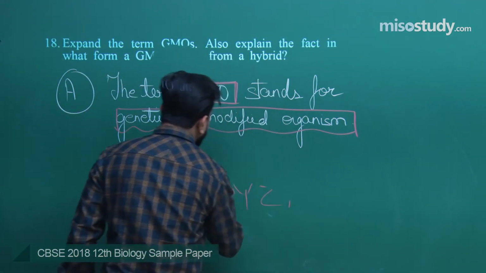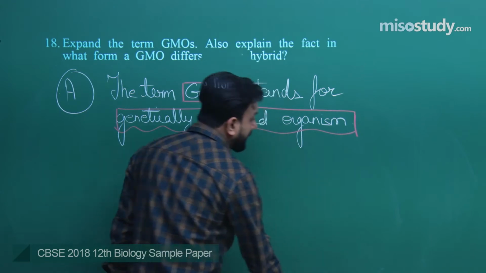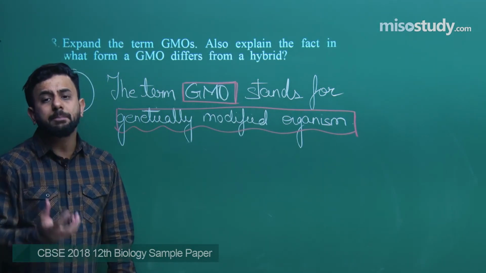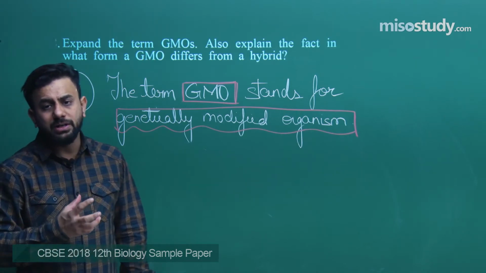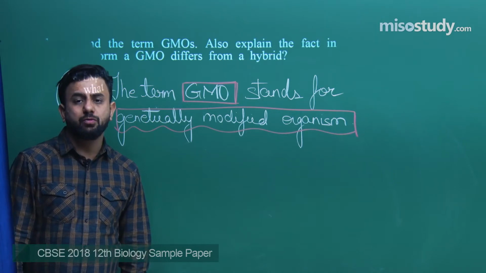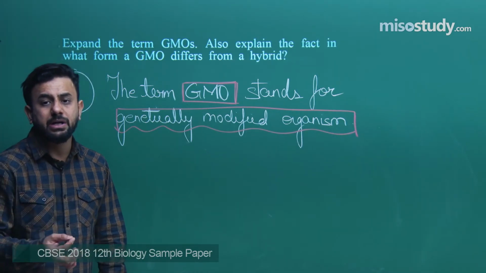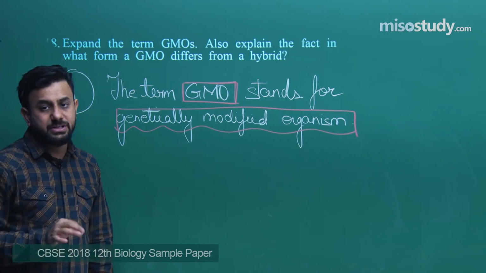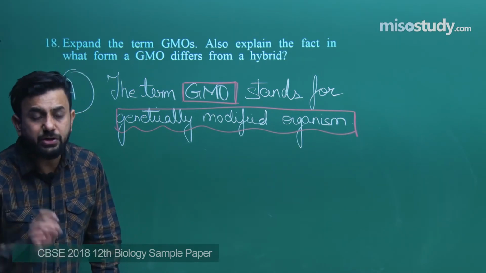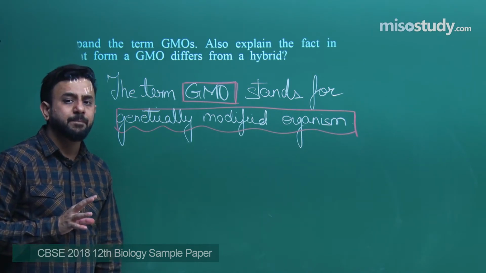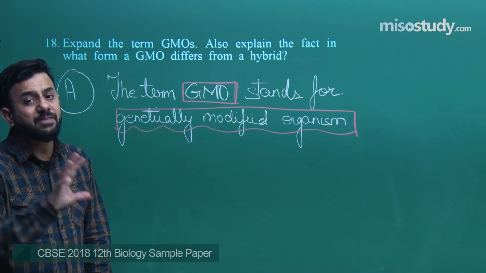And how does this happen? For example, if you want a plant to be pest resistant or disease resistant, what do you do? You take a gene which will make the plant pest resistant, disease resistant. You introduce that gene into a plant, say a rice plant, and the plant will not have the disease now.